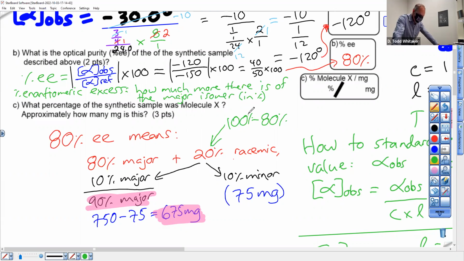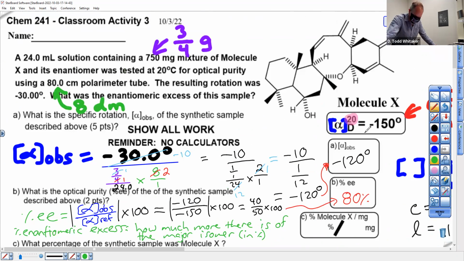And ladies and gentlemen, if you get bogged down in part A, don't quit. If you just really can't get an answer for A, invent an answer that's less than negative 150. Any answer, I don't care if it's totally illogical, because then you can get full credit for the next parts.